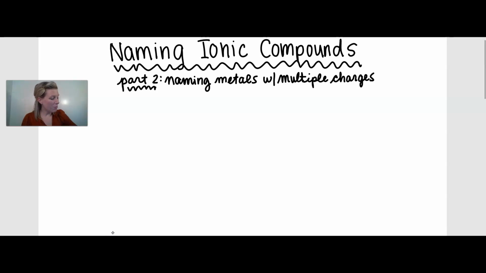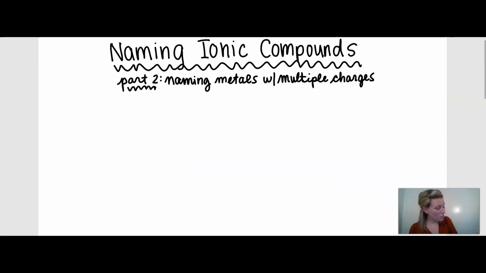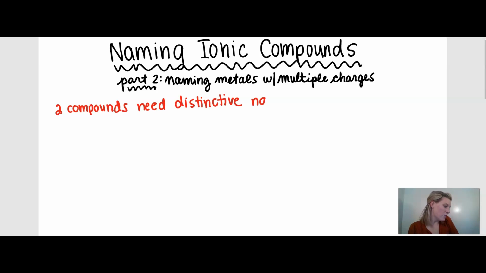Our major problem that we're experiencing is that these two compounds need distinctive names. So we are going to look at how we name these compounds where the metals have more than one charge.